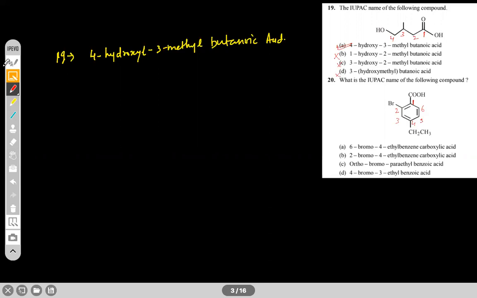So the name of this compound is, alphabetically we'll go 2-bromo, then we have 4-ethyl, benzene carboxylic acid. Okay. So answer B is correct here. Option B is correct. Okay.